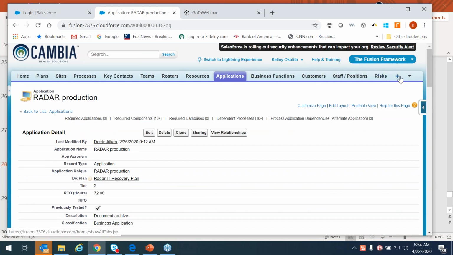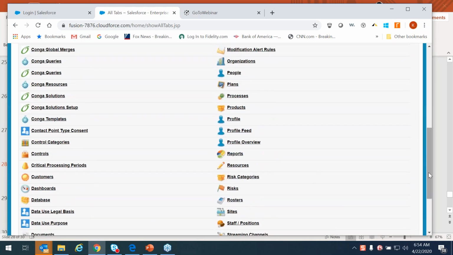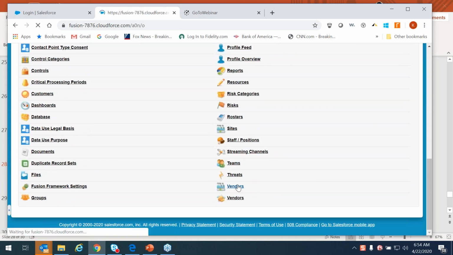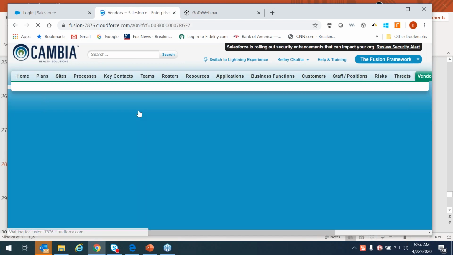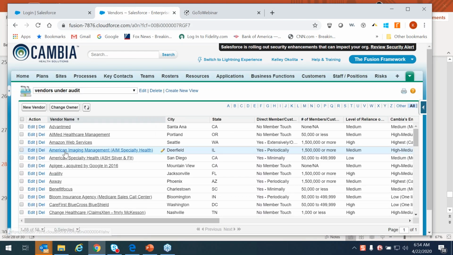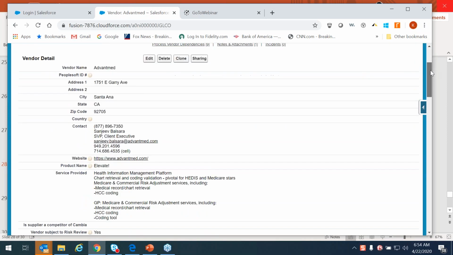We also have, I can show you our vendors. So again, here's our vendor information.